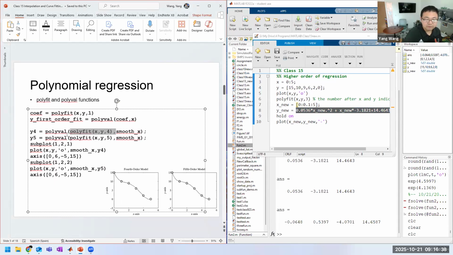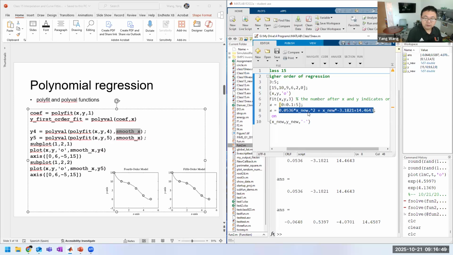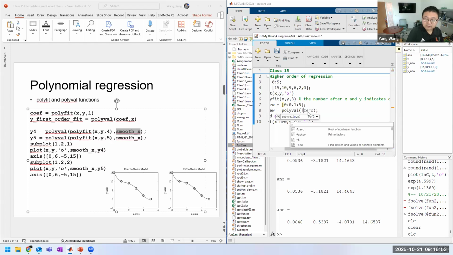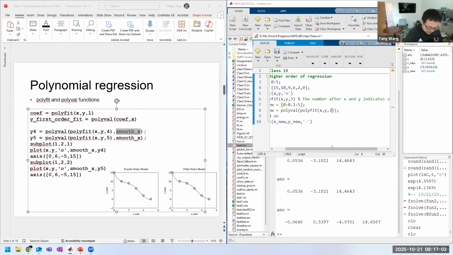You just need to feed the result of the polyfit and then provide the new x. So instead of typing in these values, you can just do polyval and then type in polyfit x, y, and then which order are we talking about? 3, right? So 3, and then let's put in x new. Okay, so this is y new.